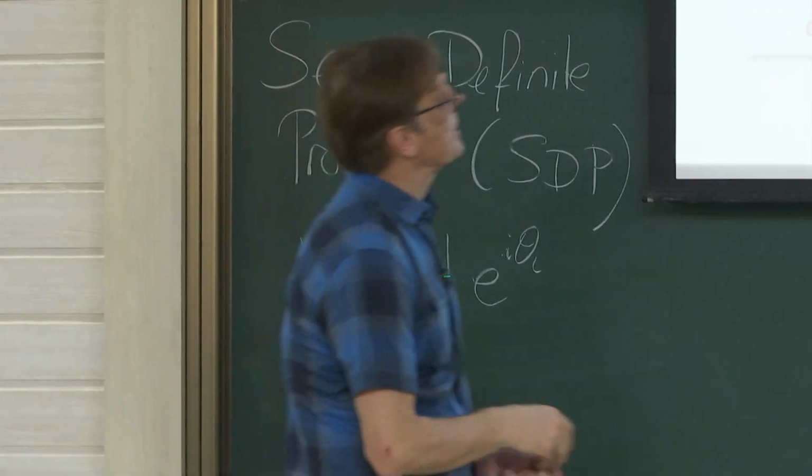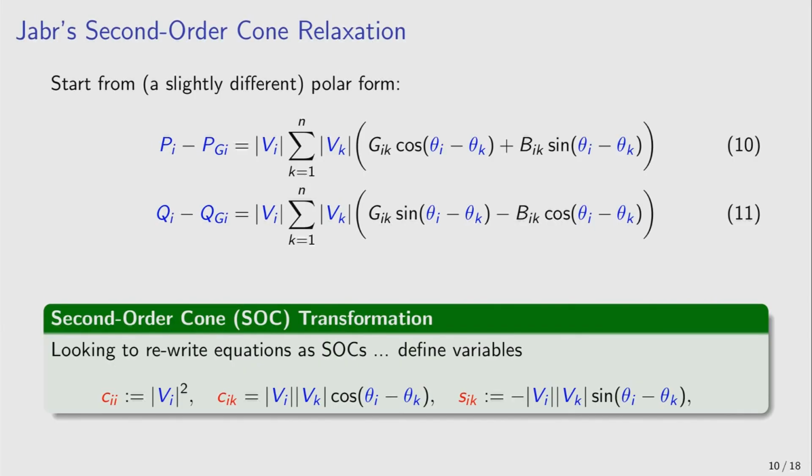That's my voltage phasor here, the one that I start off with. And if you look at this, and if you're smart like this person, then you realize that you can write this as a second order cone formulation if you make the following substitution.